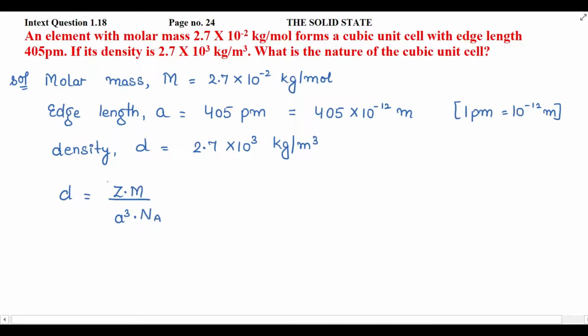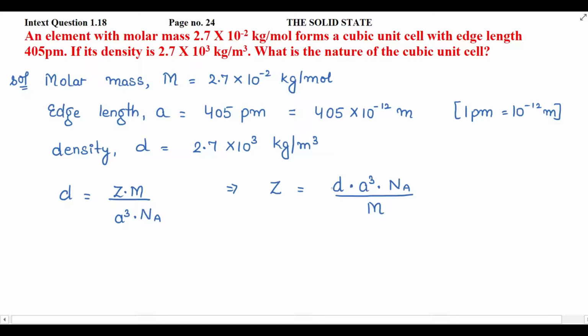Here we have to find the value of Z. So we'll take Z on one side and the remaining terms on the other side. Here a cube × N_A will be multiplied with d, so Z equals d × a cube × N_A, and capital M will be in the denominator.